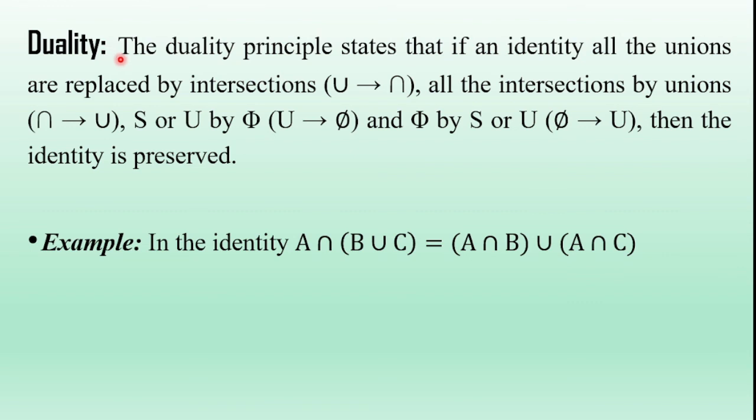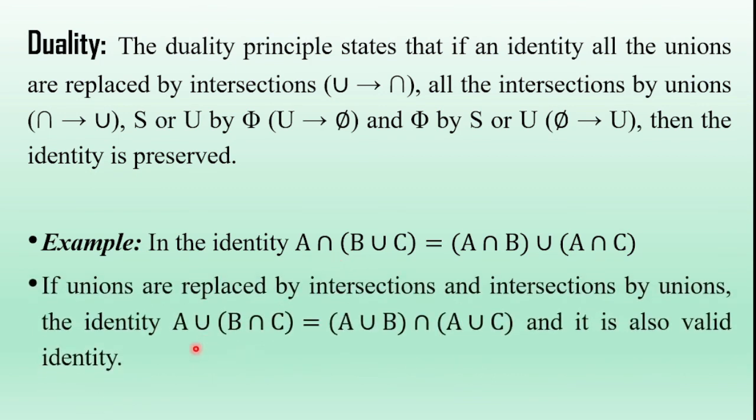According to the duality principle, all intersections are replaced by unions and all unions are replaced by intersections. So on the LHS and the RHS, we get A union (B intersection C) is equal to (A union B) intersection (A union C).